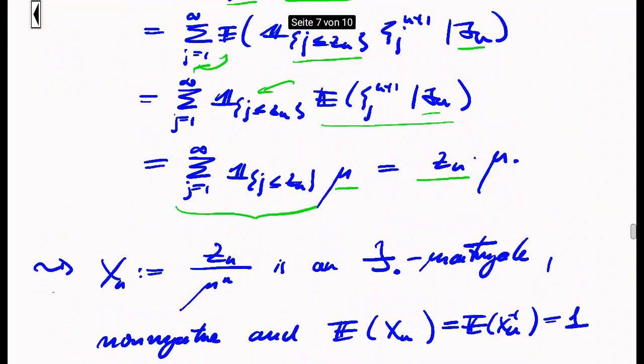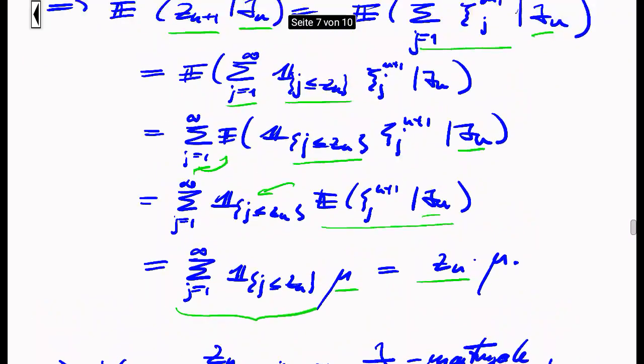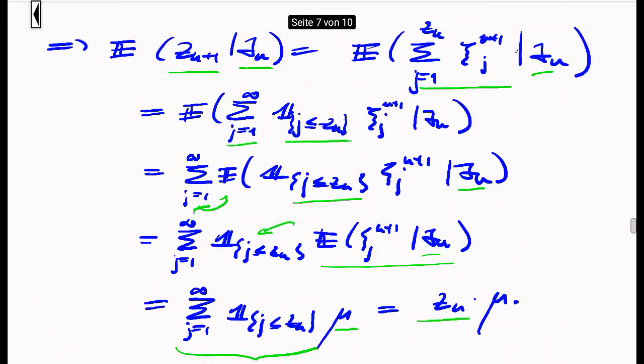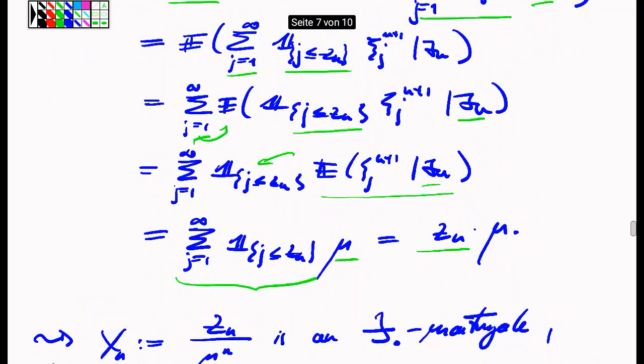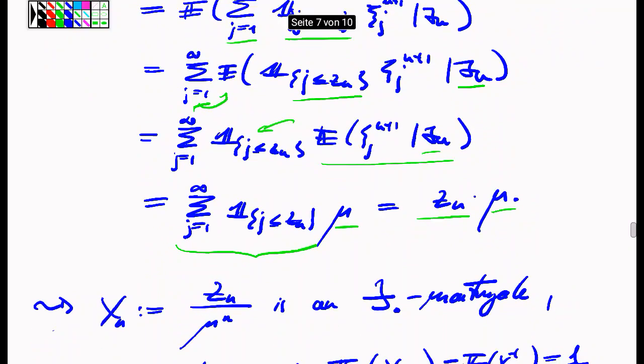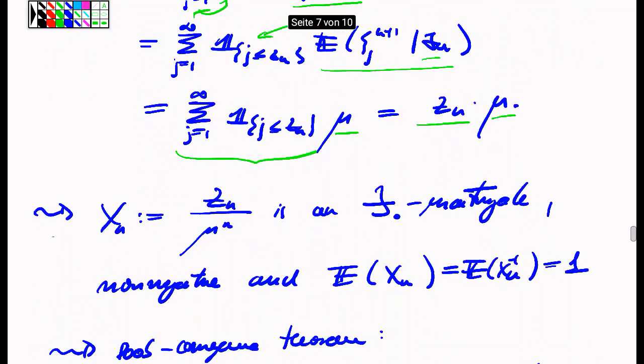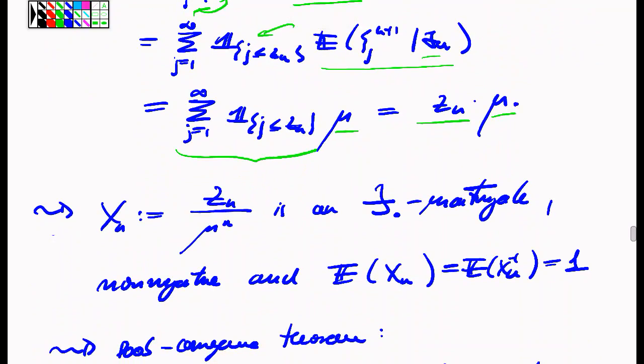So we see that the conditional expectation of Zn+1 given Fn is Zn times mu, which in other words says that the process Xn, obtained by taking Zn divided by mu to the power n, is a martingale with respect to this filtration.